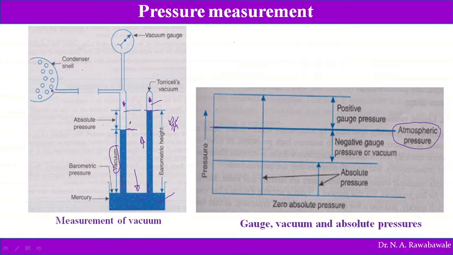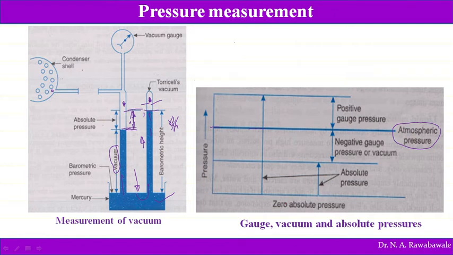The distance from the zero pressure to the level of mercury in the second tube is known as absolute pressure. When we create zero pressure here, the level of mercury is going to rise up to this point. The pressure measured with respect to absolute zero is known as absolute pressure.